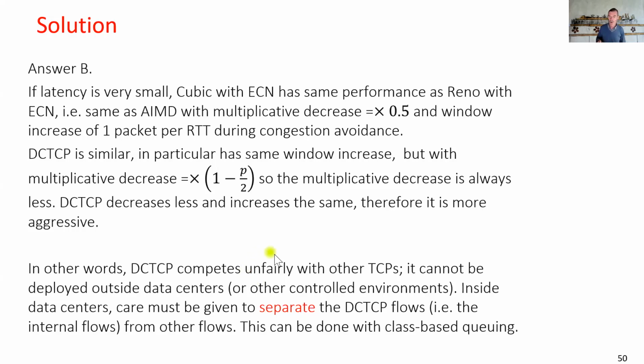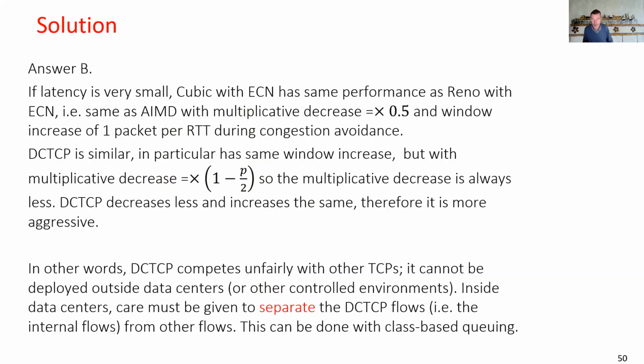But you may also have other TCP connections that come from the outside. And those TCP connections, you may not control which version of TCP is used because it's customers or outside entities that use it. So if you use DC-TCP, you cannot simply deploy it together with other TCP versions. It must be separated.